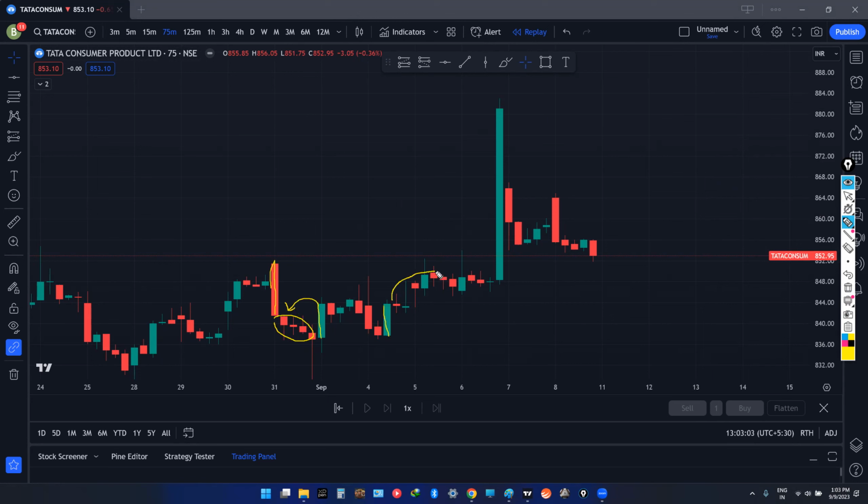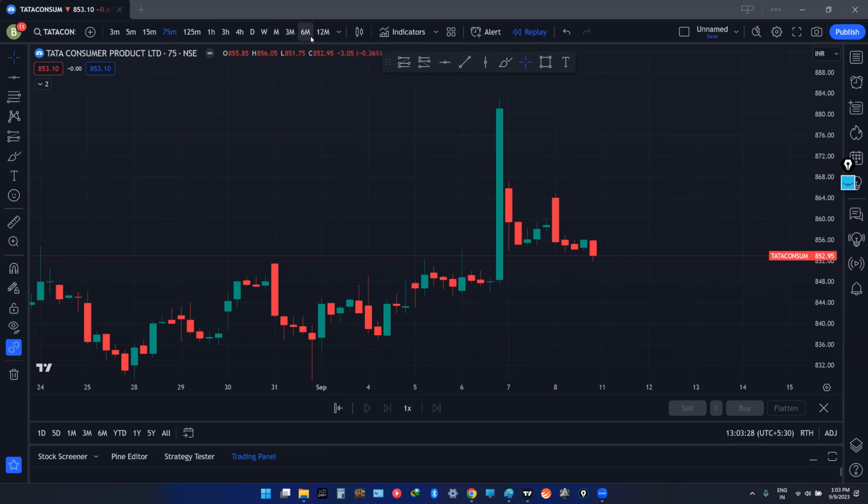Big green candle, all small candles, big one. So now what you can again expect, you see a big green candle compared to this, all these are very small candles. So very soon, say on Monday or Tuesday, you can again expect a very big candle. So it can be either a big green again or a big red below. That is how we can analyze.